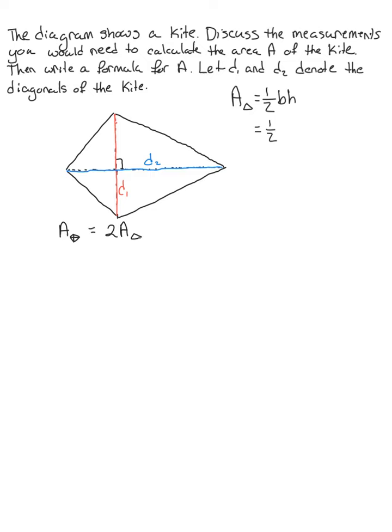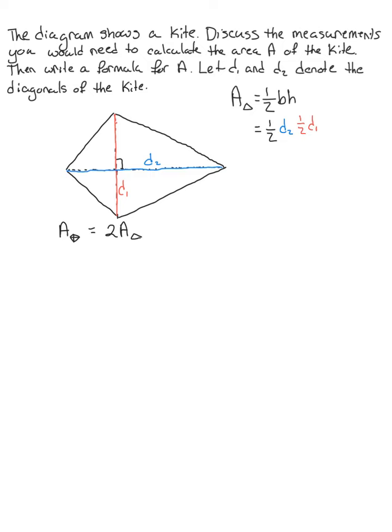So there, the base is going to be D2, times the height, and the height is actually going to be 1/2 D1, because D1 is the entire height of both triangles stacked on top of each other, so the height of the upper triangle is 1/2 that.